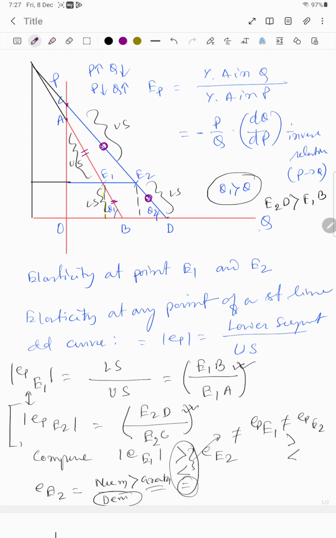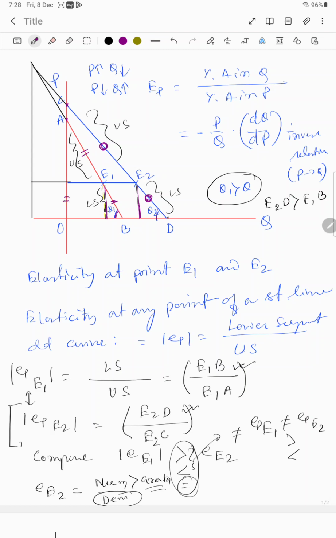See here, these two graphs. Can this point and this point be comparable to this line?